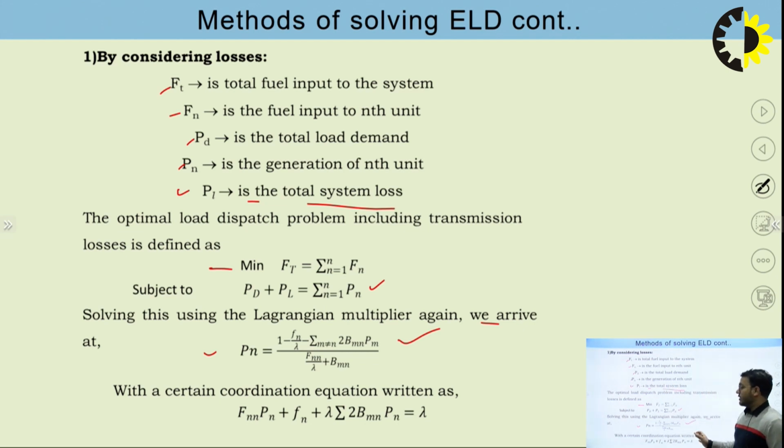With a certain coordination equation, we can write Fnn Pn plus Fn plus lambda times the summation of 2 Bmn Pm equals lambda. By this coordination equation you can get the amount of Pn generated over here, right? So this was by considering the transmission losses.